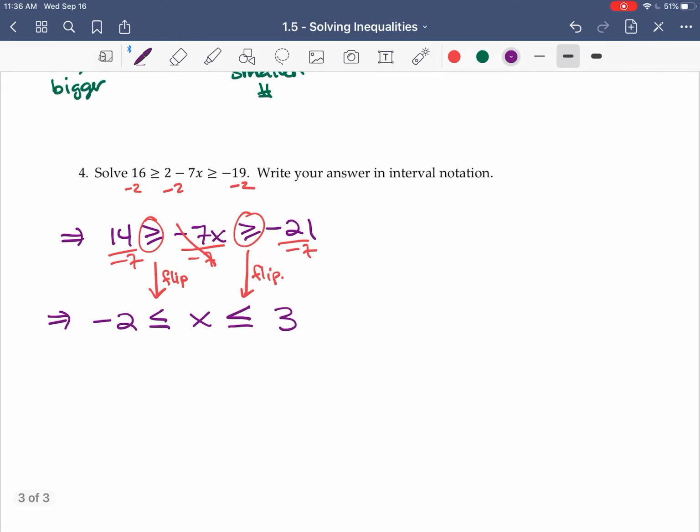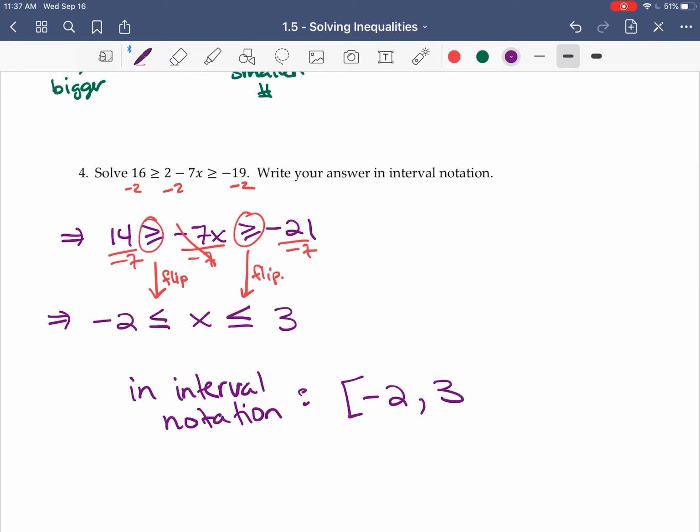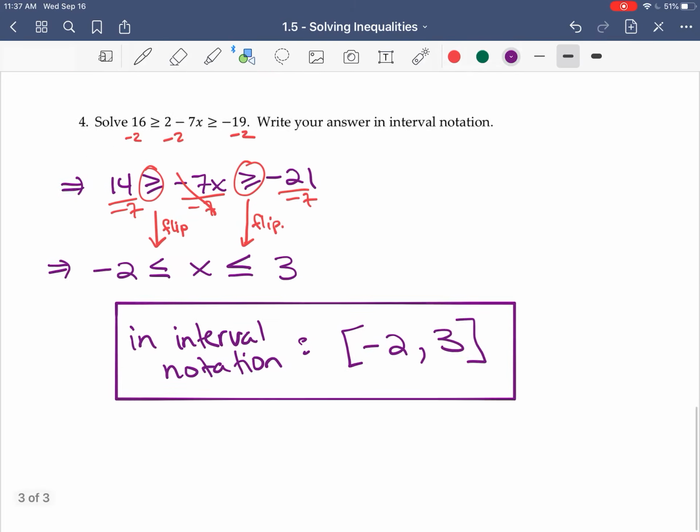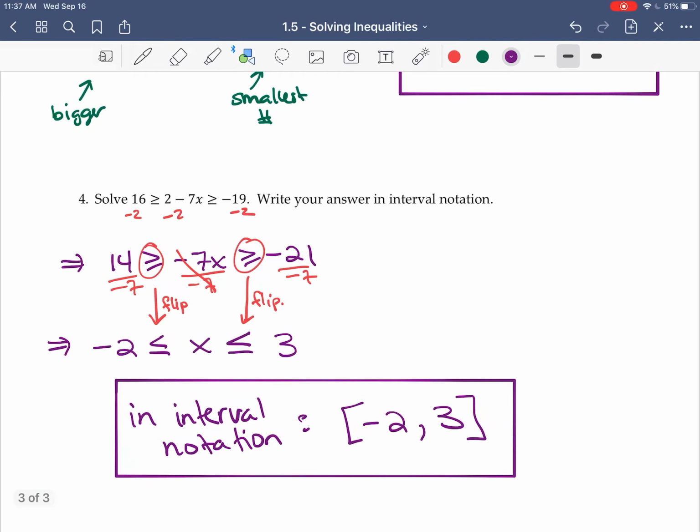So we want all the solutions here, all x's between -2 and 3. In interval notation, our solution is going to be from -2, including -2, all the way to 3, including 3. So that's our solution in interval notation. So that's solving inequalities.